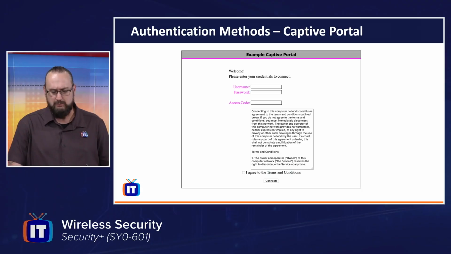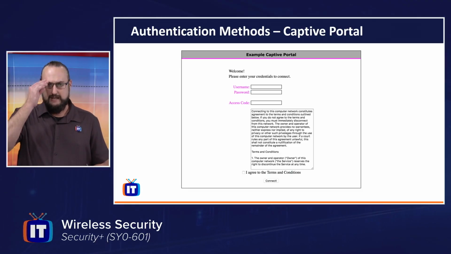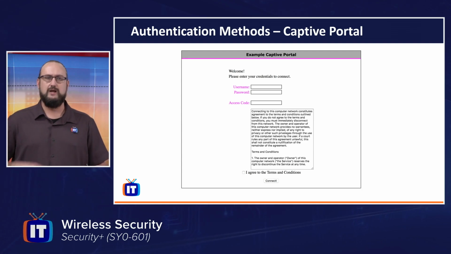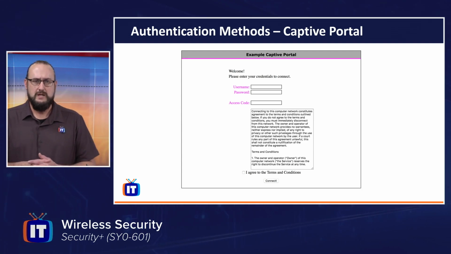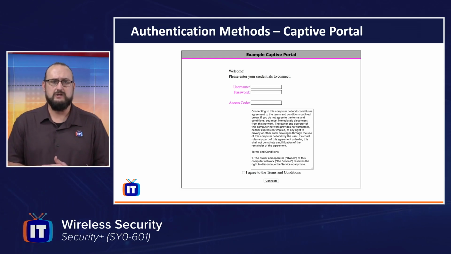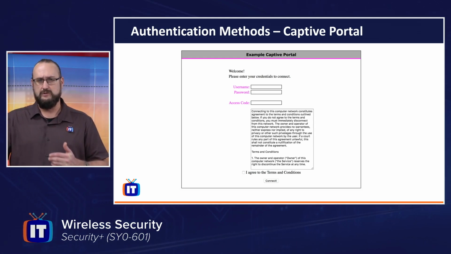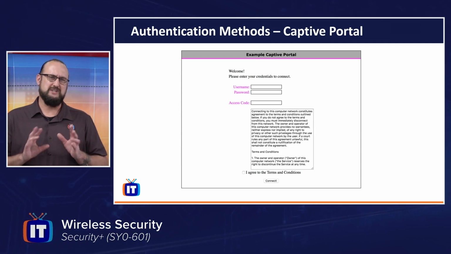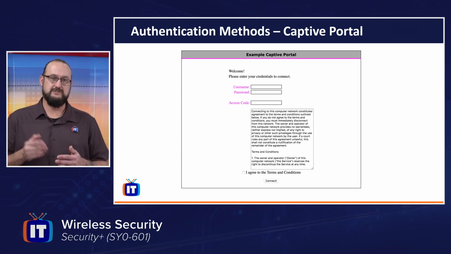Final thing that I want to talk about here that they mention. If you've ever gone to any kind of convention or a hotel, you've probably seen one of these: a captive portal. Just know what that means. It means that before you can actually join the wireless network, you're going to put in your username, your password, and an access code.